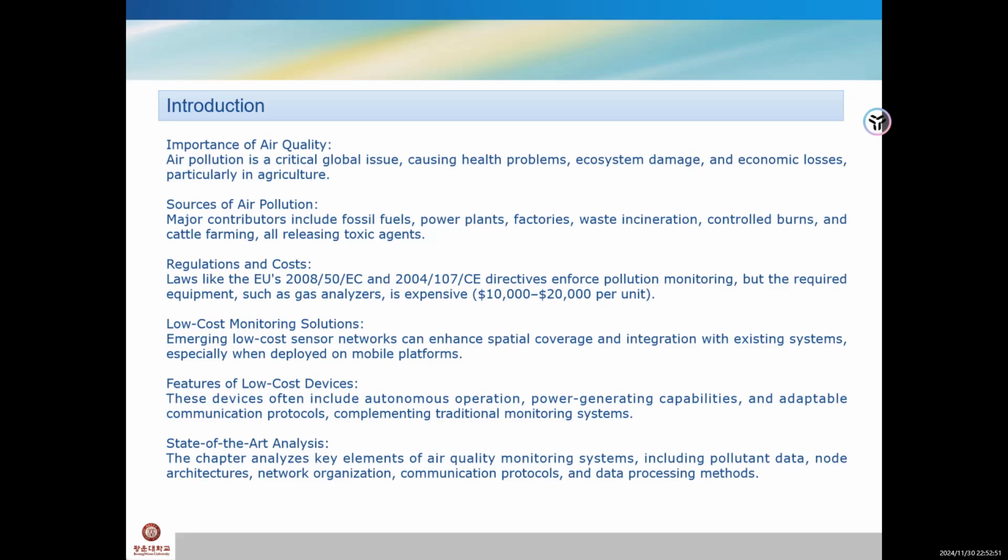State of the art analyzes key elements of air quality monitoring systems, including pollutant data, node architectures, network organizations, communications protocols, and data processing methods.